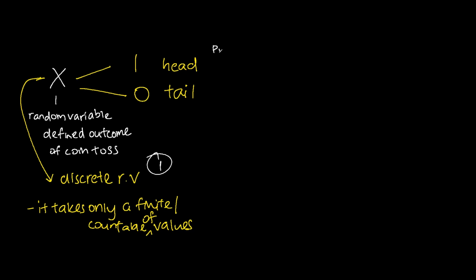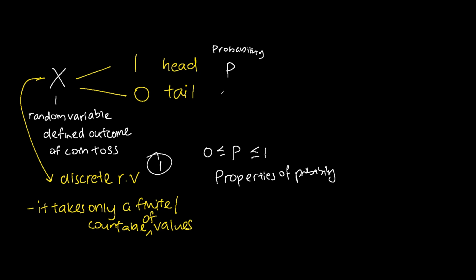Let's say the probability of getting a head in a coin toss is P, where P is between 0 and 1, which matches the properties of probability, since probability has to be between 0 and 1. Then 1 minus P is the probability of getting a tail from a coin toss.